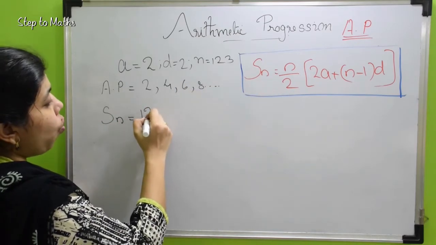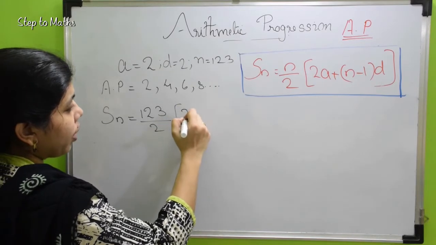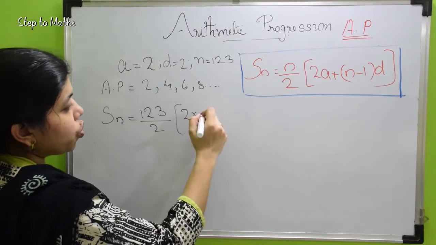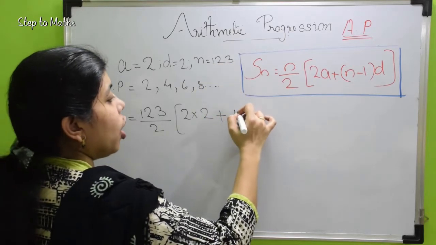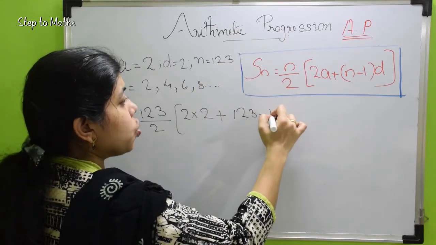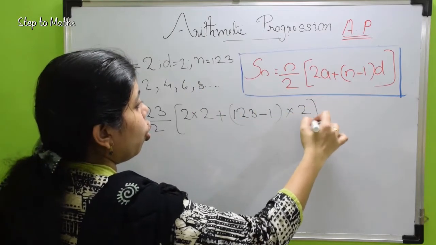Sn is equal to n upon 2 into 2a, where a is 2, plus n minus 1, where n is 123, so 123 minus 1, into d, where d is also 2.